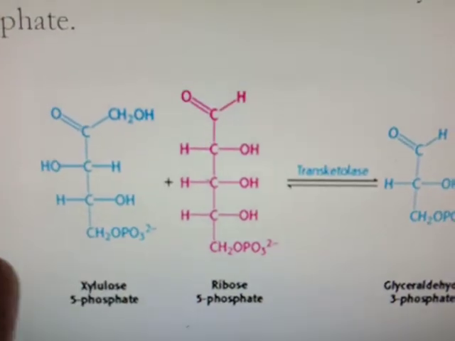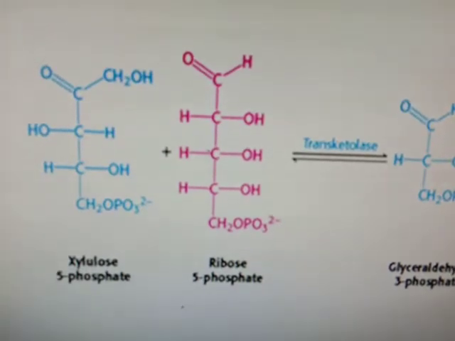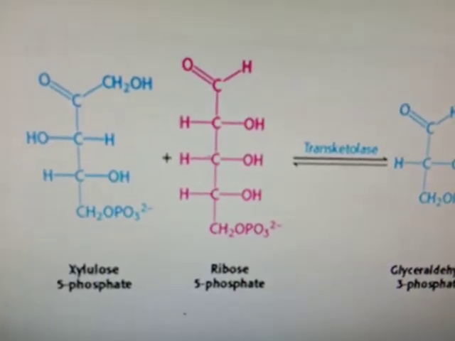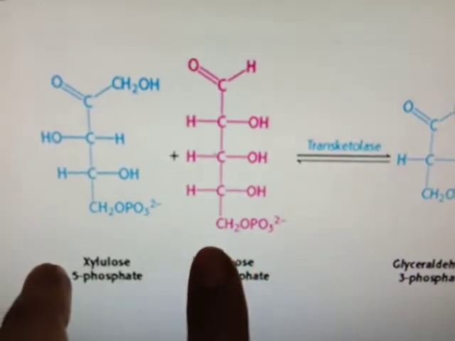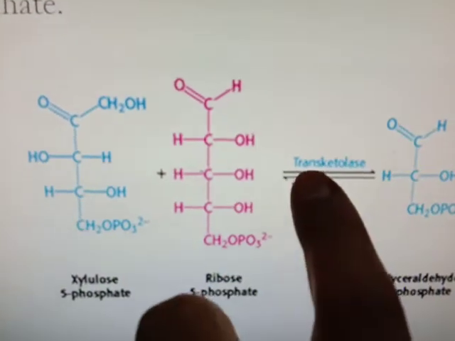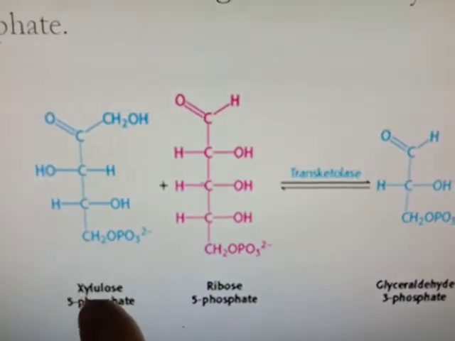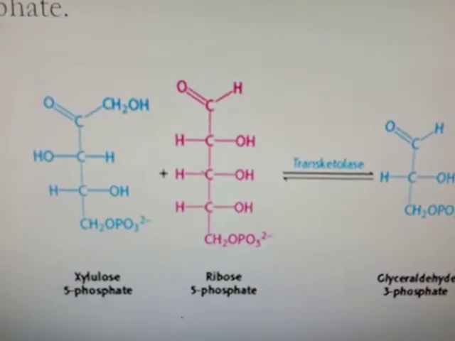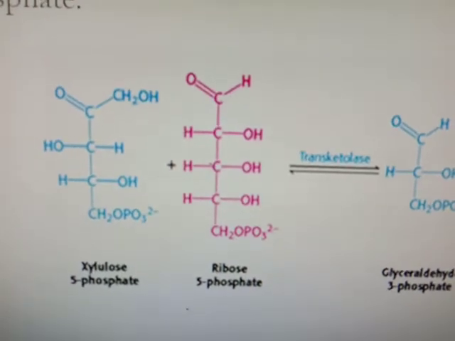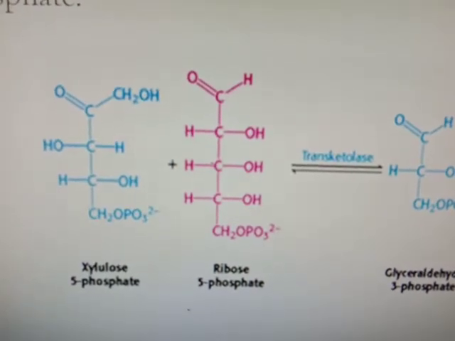So xylulose 5-phosphate and ribose 5-phosphate are formed, by epimerase and isomerase enzyme.